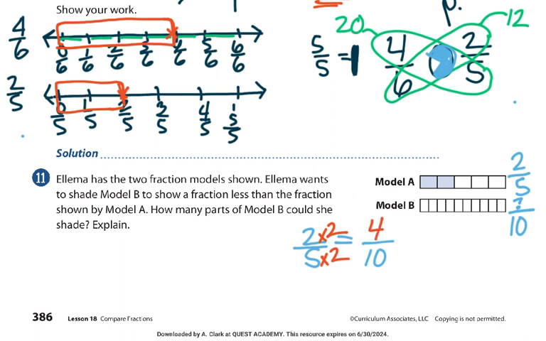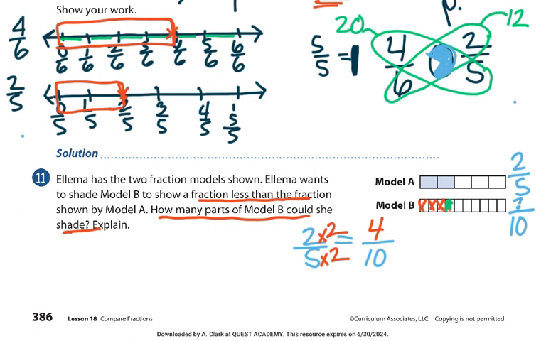So I know that if I drew in 4 x's, it would be equal, but am I finding an equal equation, or am I finding an equation that's less than? How many parts of model B could she shade to have a fraction less than model A? So it's not 4. We're going to erase 1.